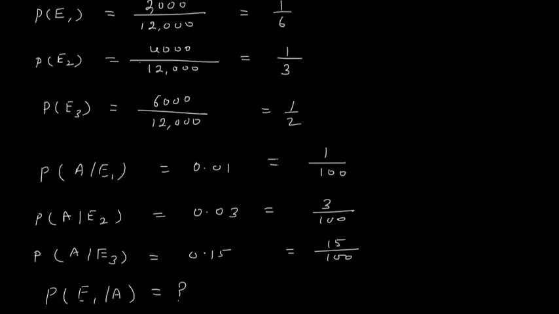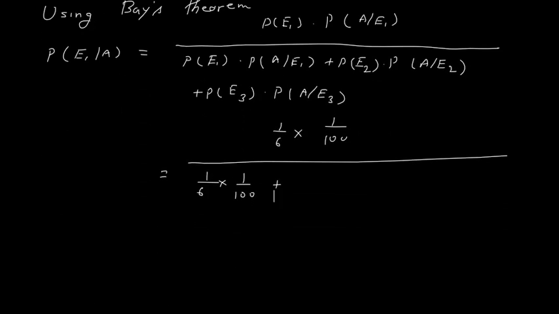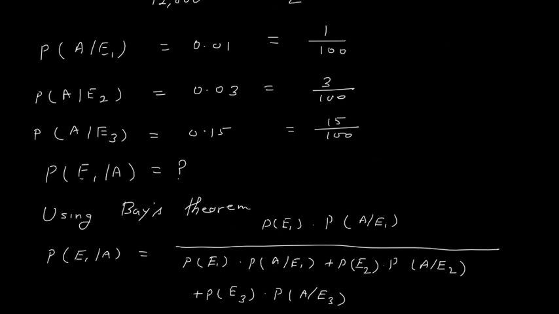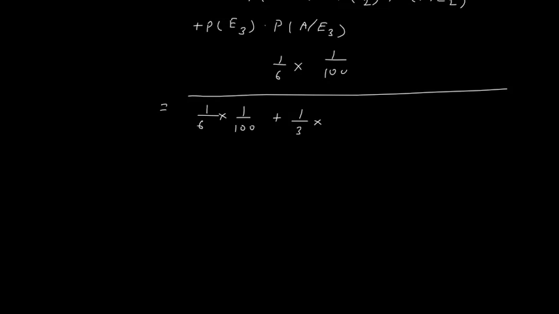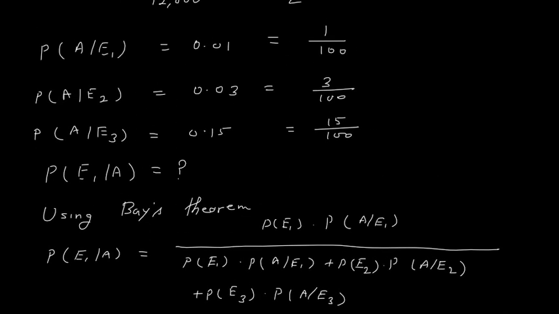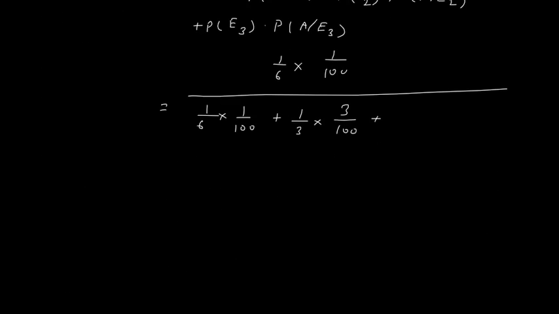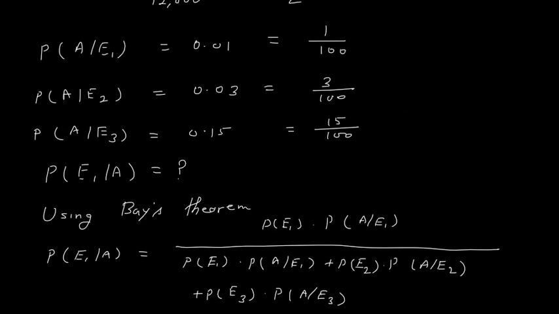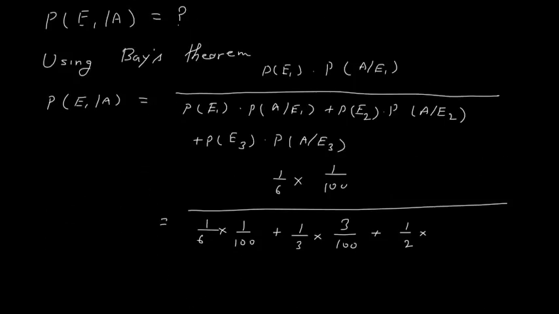Possibility of E2 is 1 by 3 into A by E2, which is 3 divided by 100, plus possibility of E3 is 1 by 2 into possibility of A by E3, which is 15 divided by 100.